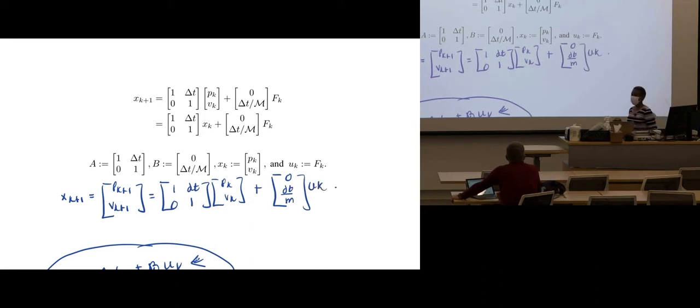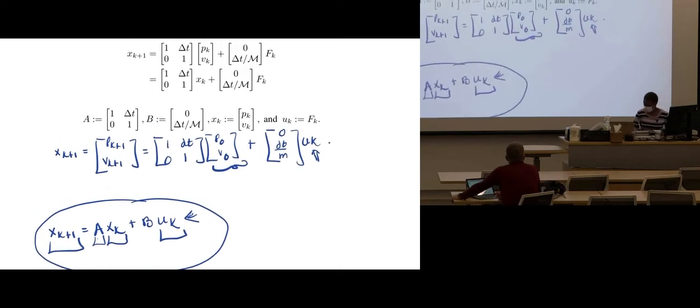So what the problems in problem 2 are asking is, can you find me a UK such that, starting from whatever position you're given, so for a particular problem, this is P0, V0, and I'll write it down.